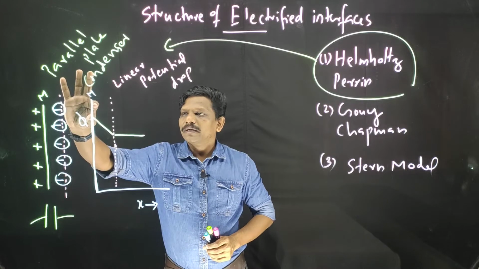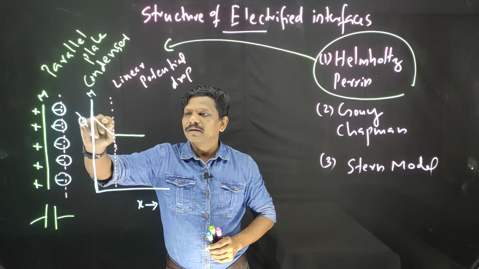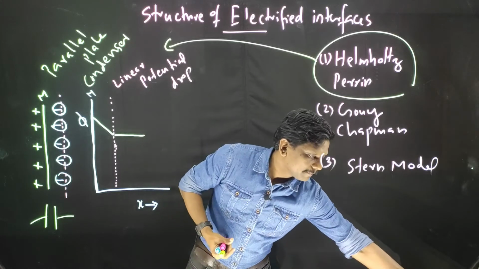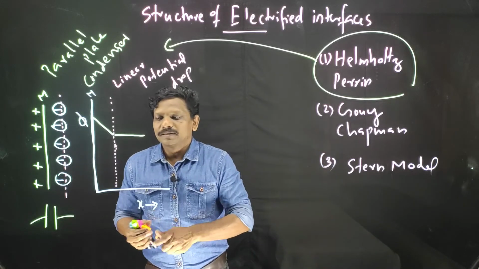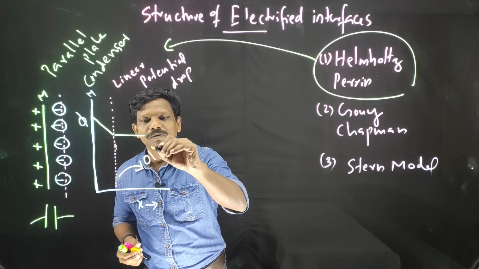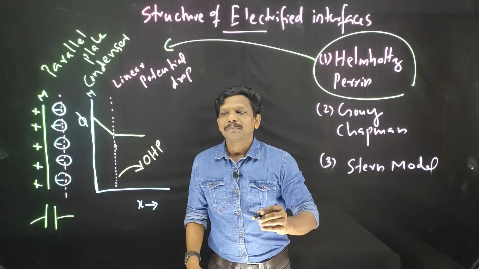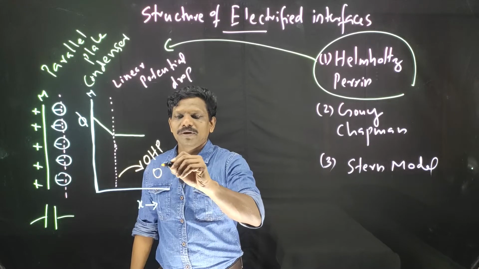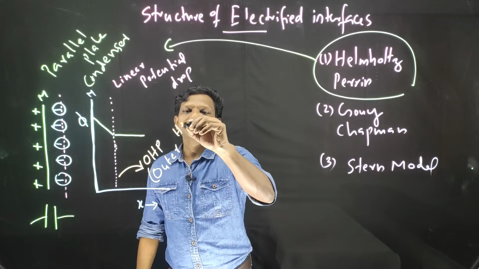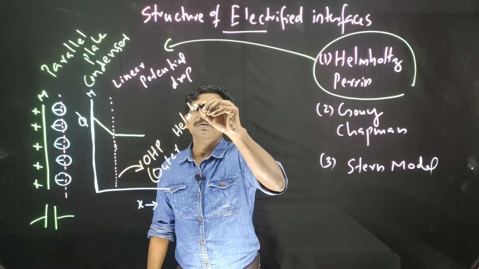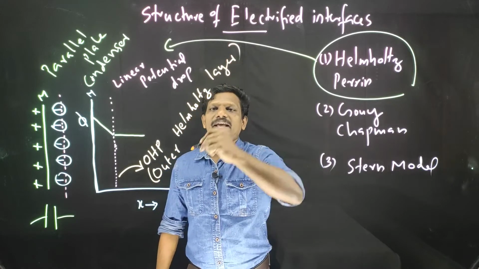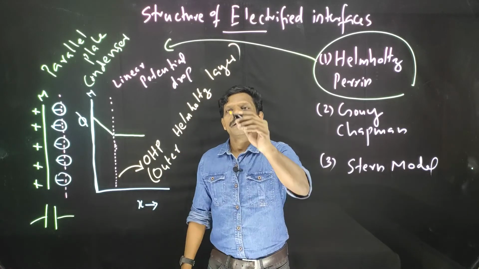You can see, coming from metal to this particular layer, this particular layer is known as OHP. What is this OHP? The full form is outer Helmholtz layer.